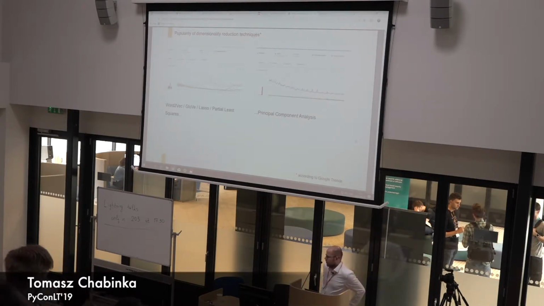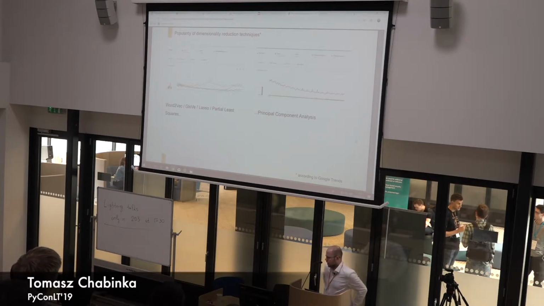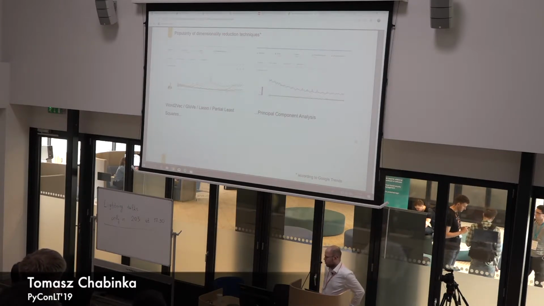And as a summary for this section, I wanted to compare the popularity of different techniques for dimensionality reduction. As you can see, word2vec and GloVe are types of dimensionality reduction, embeddings techniques for natural language processing. And word2vec is quite popular now.